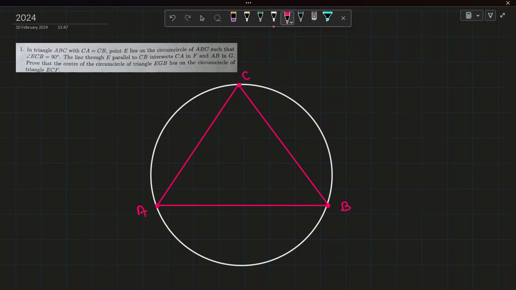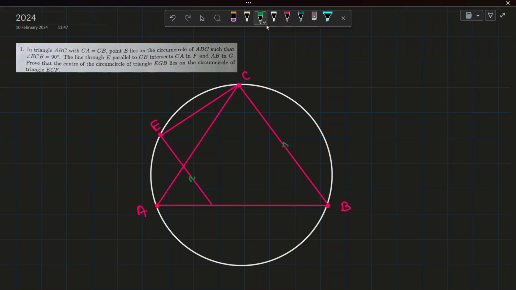And point E lies on the circumcircle of ABC such that angle ECD equal to 90 degrees. So basically we have to draw a perpendicular line to C and touch it at the circumcircle. So this is the point E, and the line through E parallel to CB intersects CA at F and AB at G. So they are talking about this line, something like this, and we know that these lines are parallel.